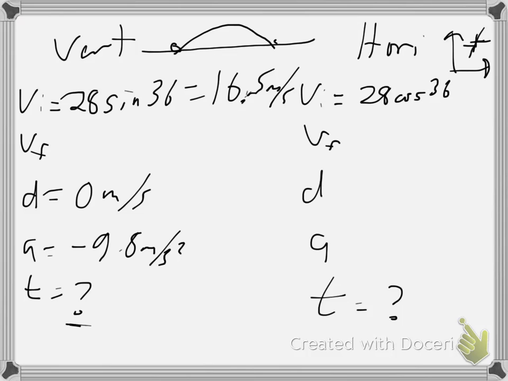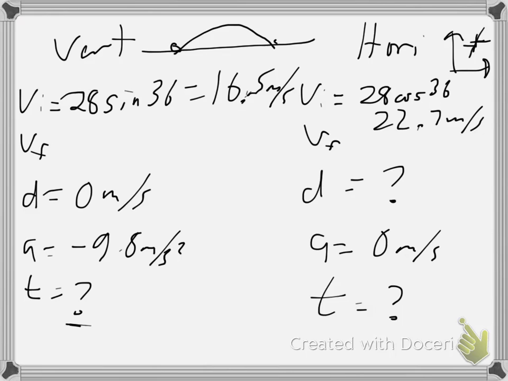And again, we can type that into a calculator. 36 cosine times 28. And that's going to be 22.7 meters per second. Our final velocity will be the same because our acceleration is 0 meters per second squared, because the only thing we have acting on this is gravity, and gravity goes down. And we're looking for our distance right there.